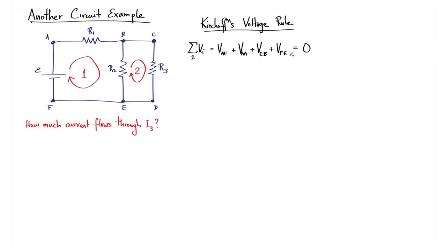E to F is just an ideal wire. There is no voltage drop across an ideal wire, so that's going to be 0.